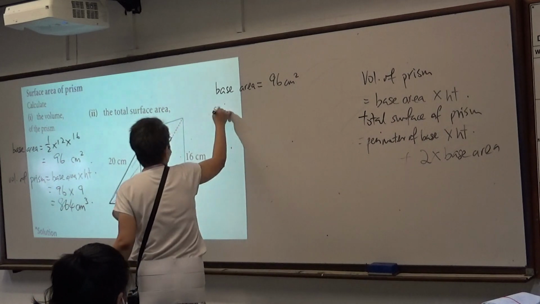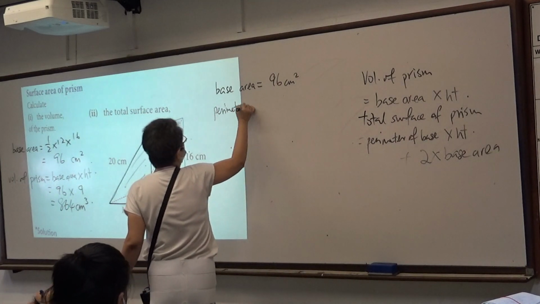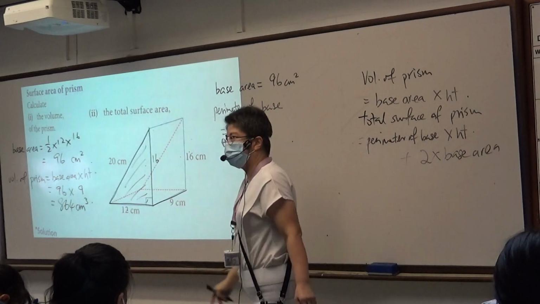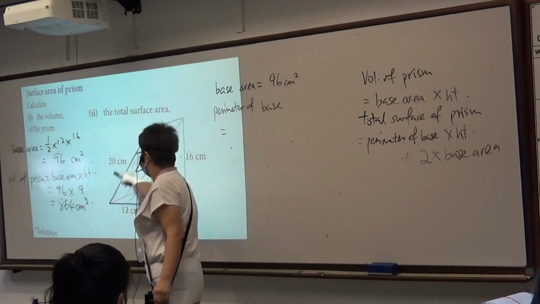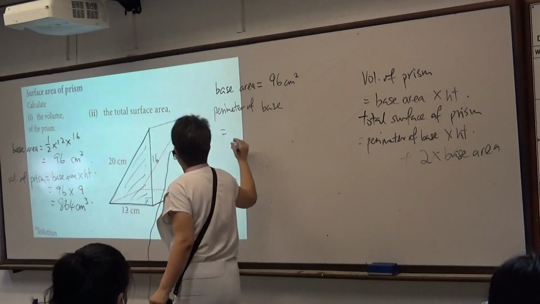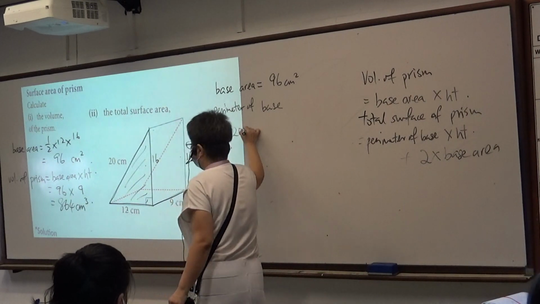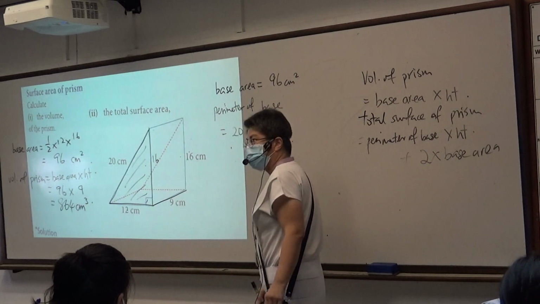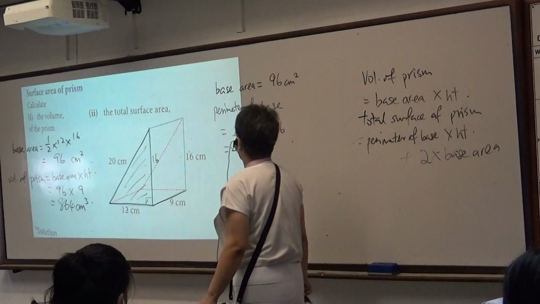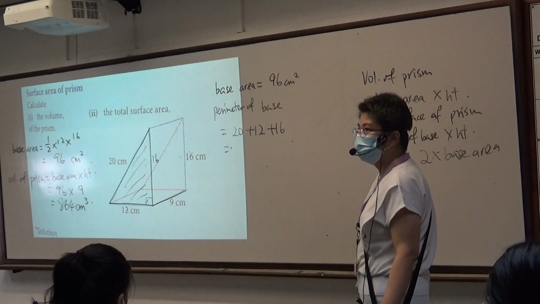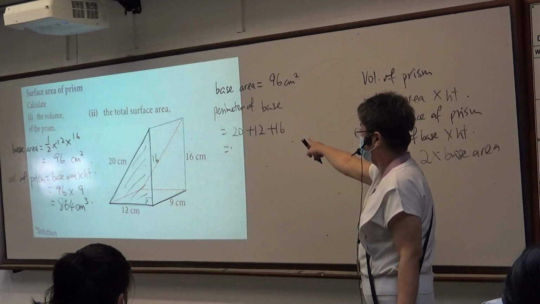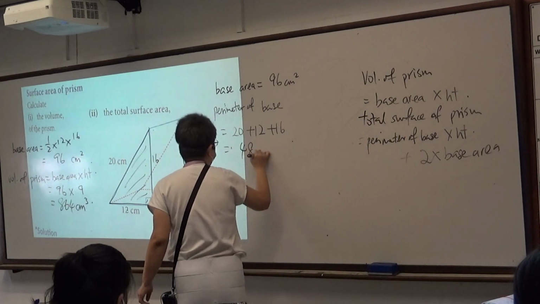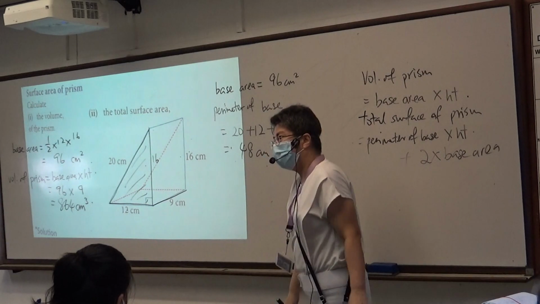First of all, I want to find out the perimeter of the base. How do I get the perimeter of the base? This one, right? What is it? 20 plus 12 plus 16, right? So how much is this? 48. So the perimeter is 48. Agree now?